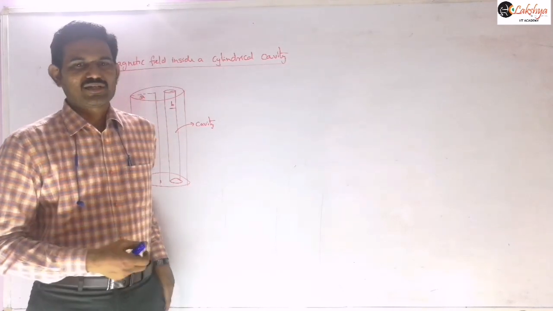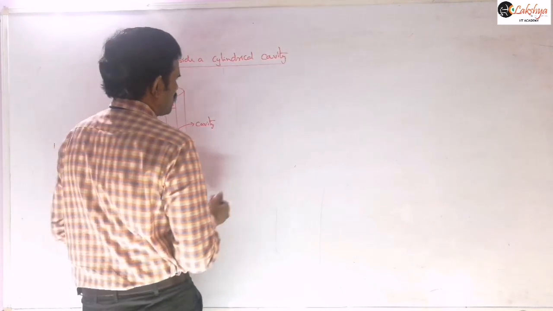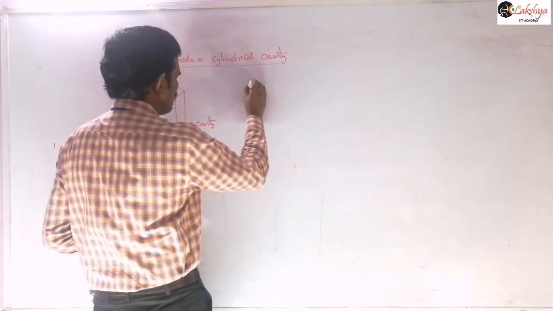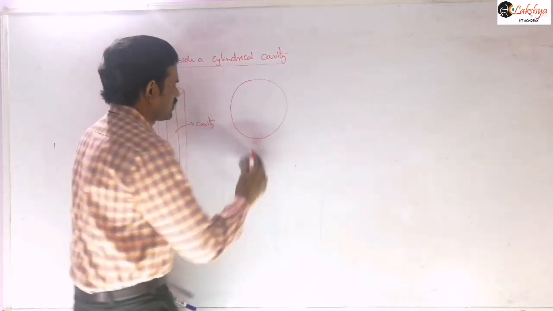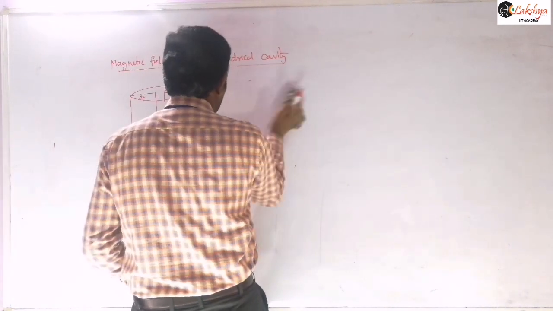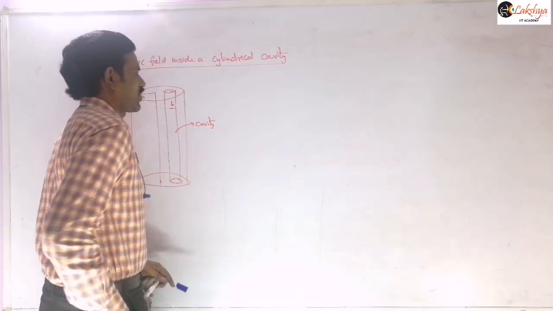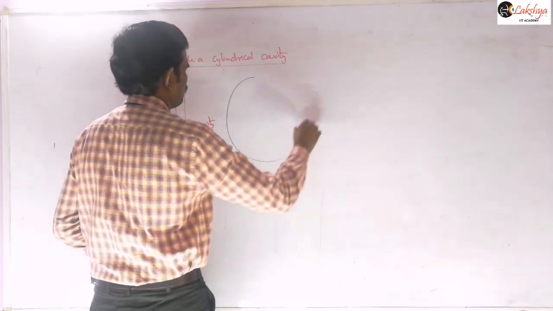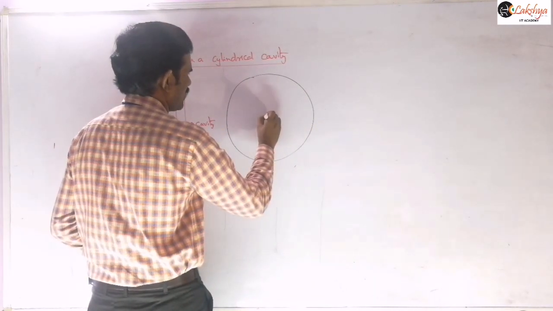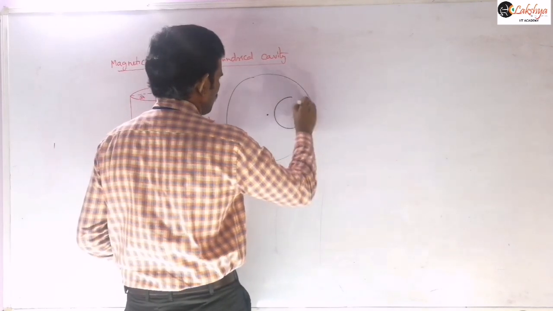Now I will represent the cross section view also, so that you will get more clarity here. I will draw a big diagram, because we need to consider some triangles inside this. In the cross section view, this is the center of the cylinder, and here you may consider the cavity.